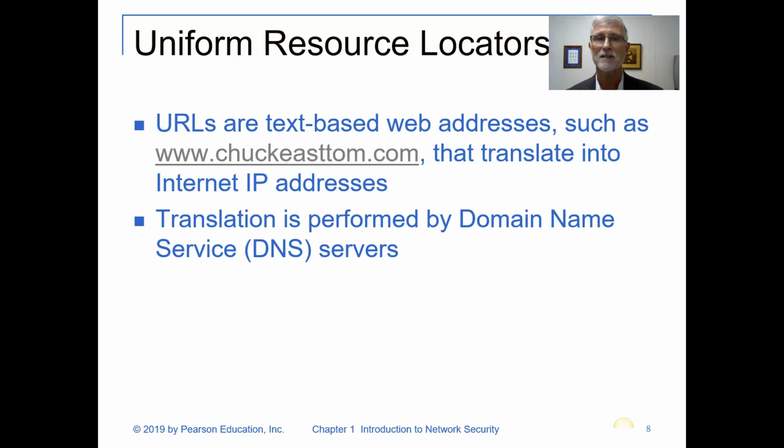Well, that address is resolved by the domain name service servers that'll actually say what IP address is Chuck Easton's website. So this DNS server translates URLs into actual IP addresses that can be used by the internet.